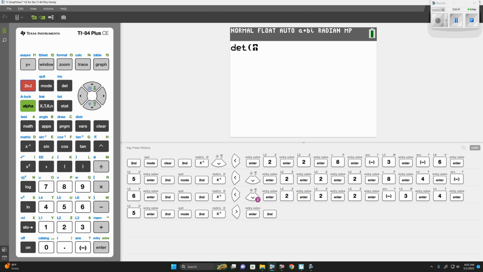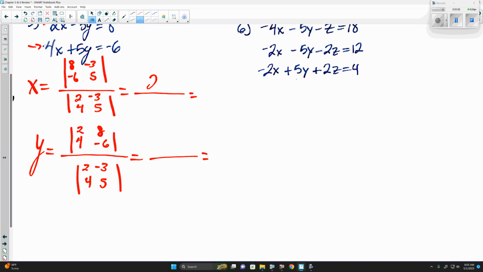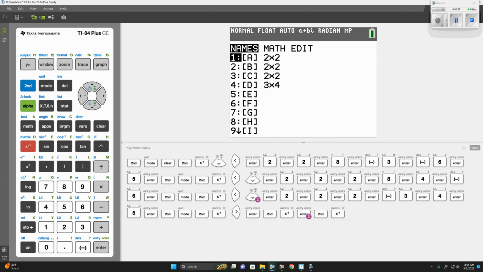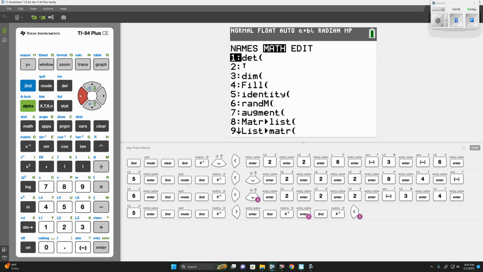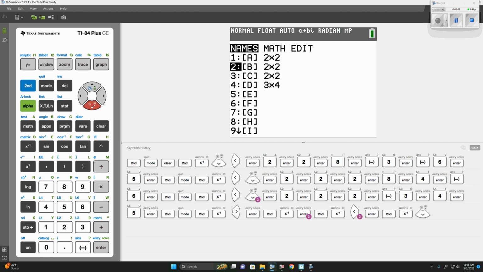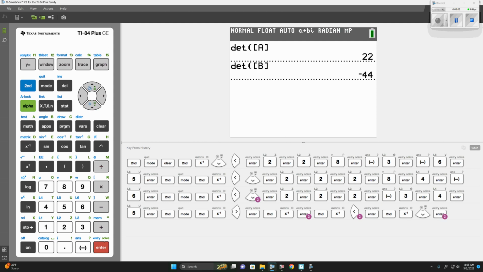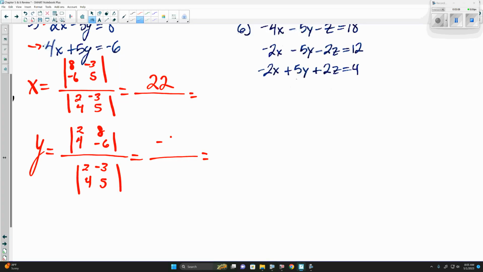So determinant of matrix A, let's see that it is 22. So the numerator of this here is 22. And I can say second matrix determinant, second matrix B. I see that it's -44.